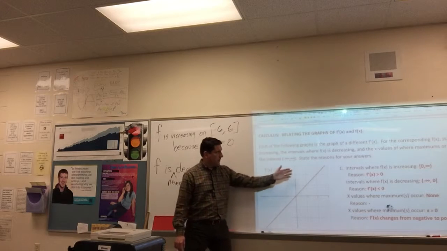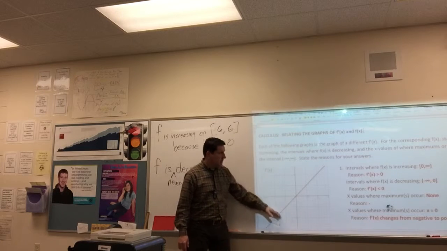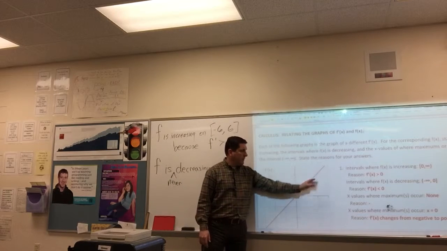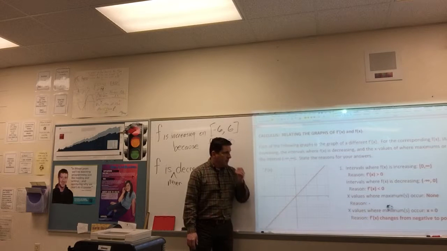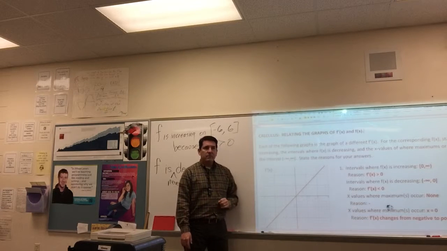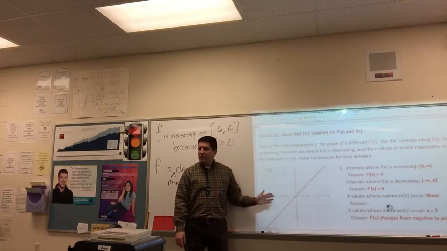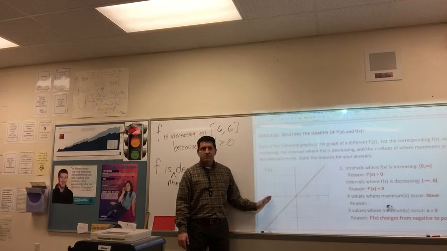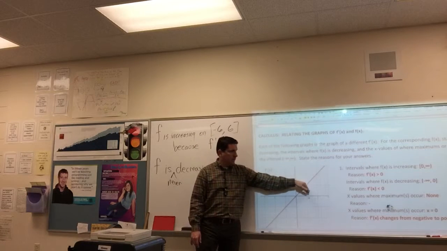And by observing what we said here, the function is decreasing and then it's increasing. Therefore, a minimum has to occur at x equals 0. What would be the justification for a maximum? f prime changes from positive to negative.